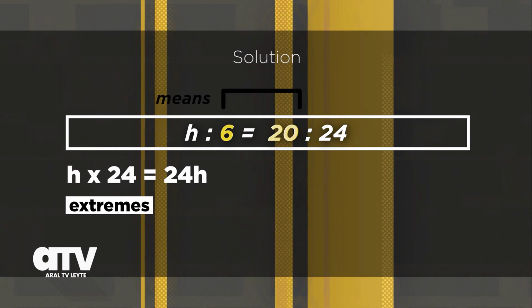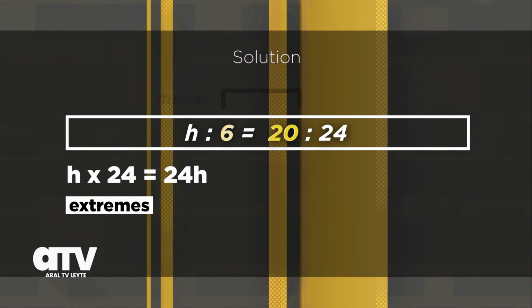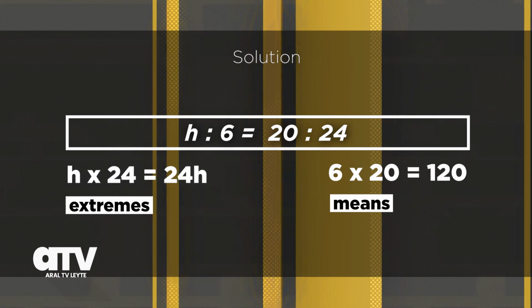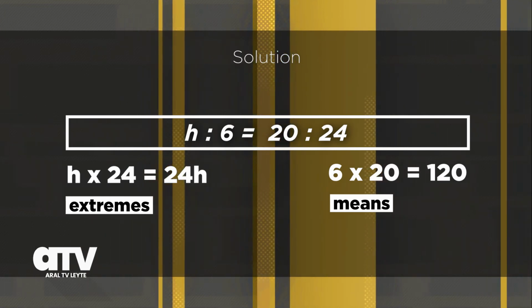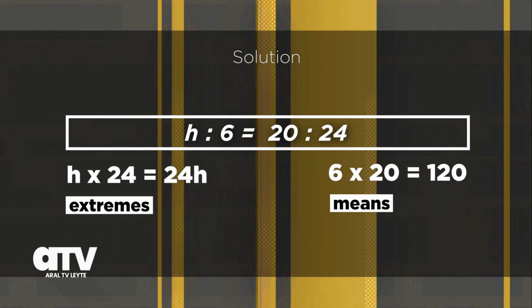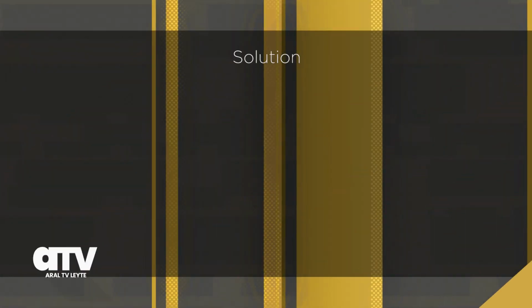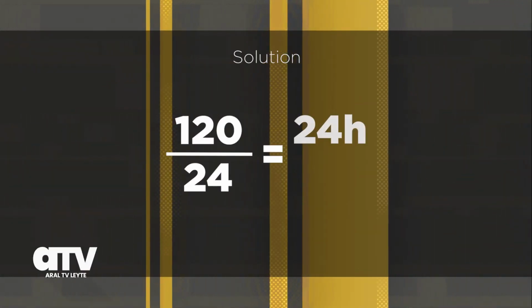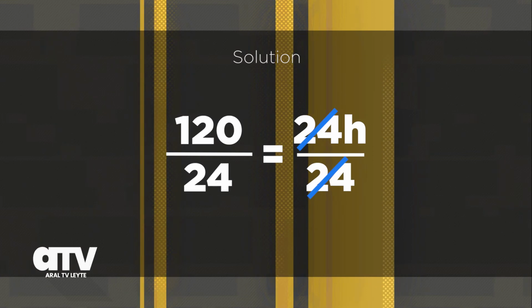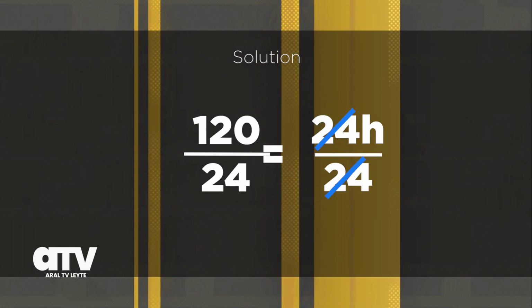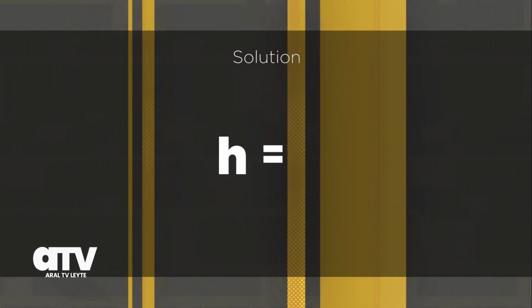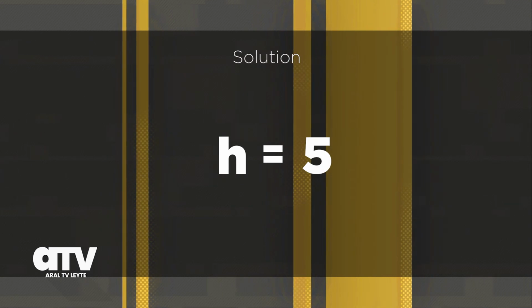Second, multiply the means, second and third. 6 times 20 is equal to 120. In order to get the value of H, divide 120 by 24. So, the missing term H is 5.